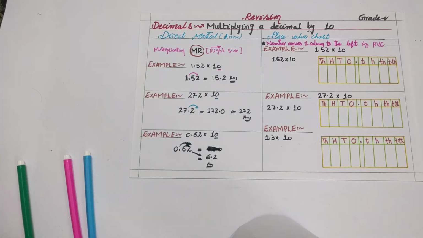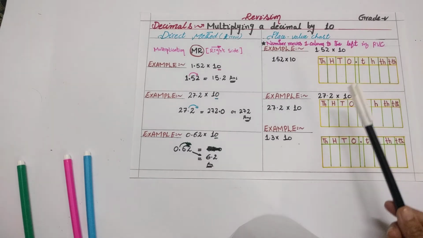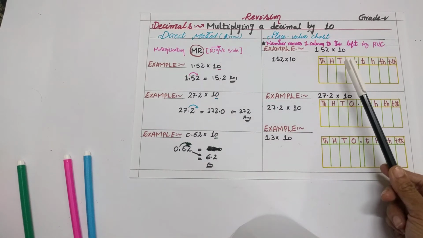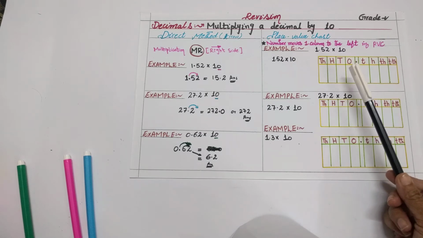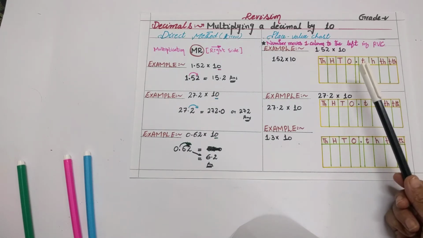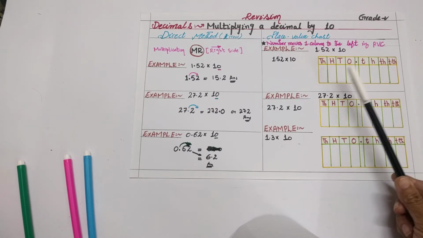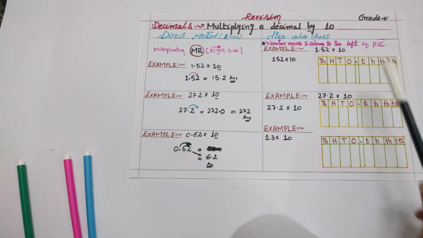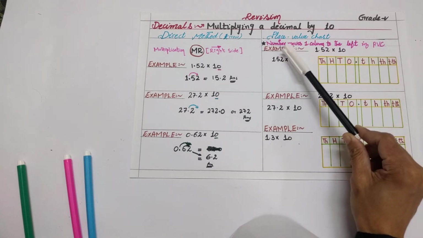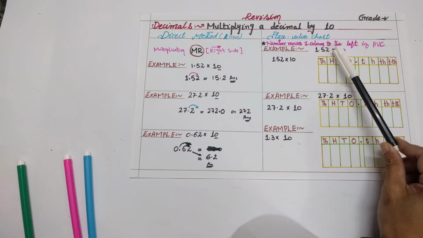As you have already learned how to place or set a decimal number in the place value chart, you should know how to draw a place value chart. In the place value chart, when we multiply a decimal number by 10, the number moves one column to the left.